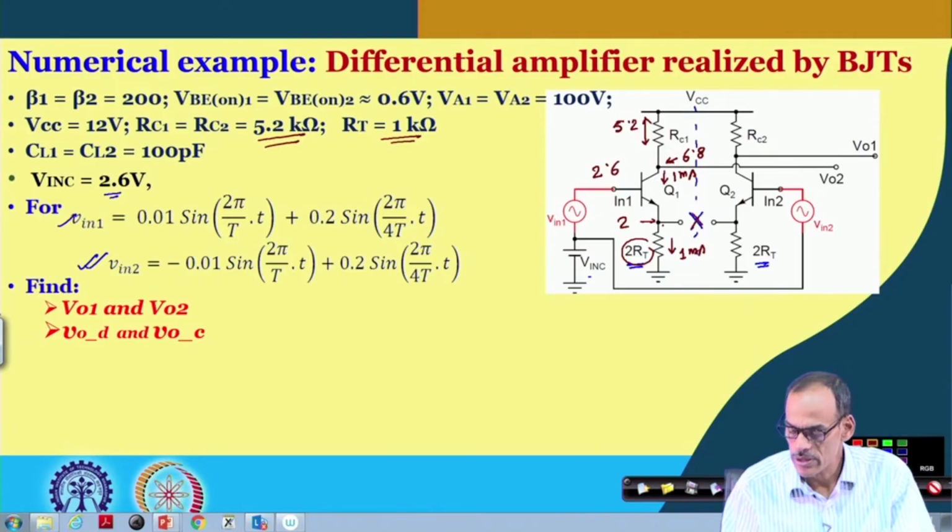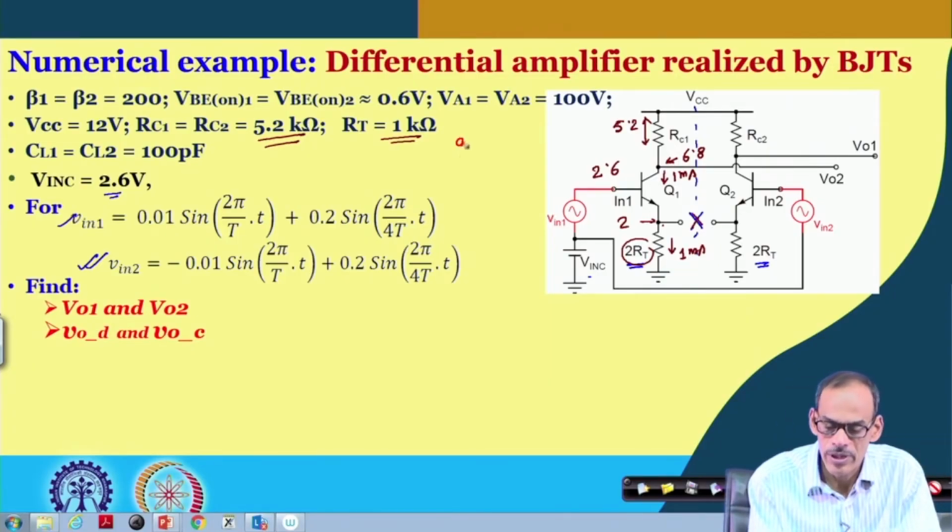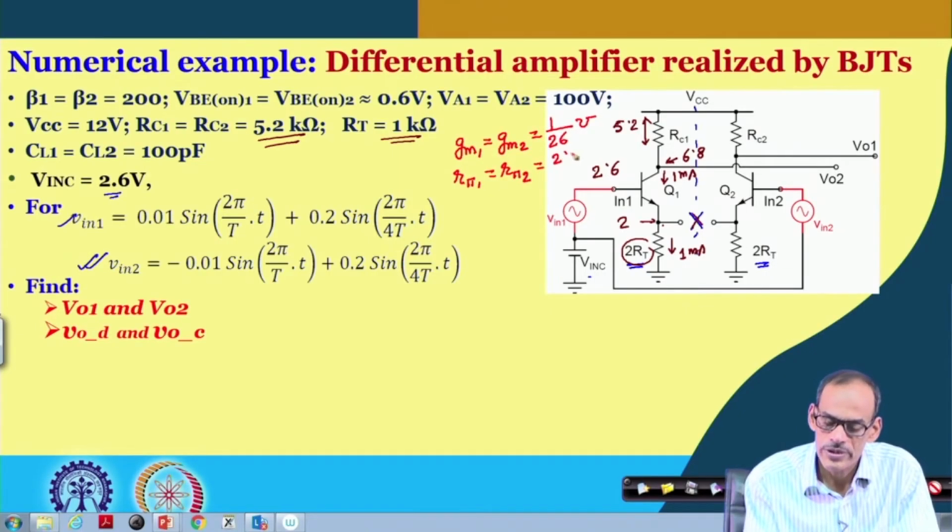So, the corresponding small signal parameters, namely gm1 and gm2, remain the same, and both are equal to 1 by 26 mho, and r pi of the two transistors remains 2.6 K, and ro1 equals ro2, equal to 100 K.